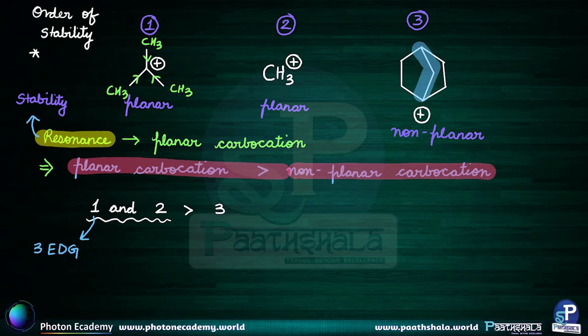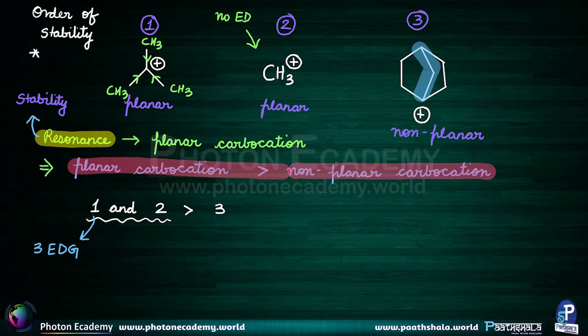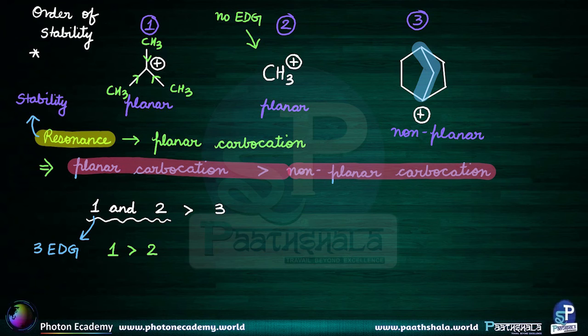So what I can deduce from this is that there are 3 electron donating groups. But in the second one, there are no electron donating groups attached. So the positive charge will not be stabilized, and thus the first one becomes more stable than the second one, and of course both of them are more stable than the third one. So this is the order of stability that we have just got.